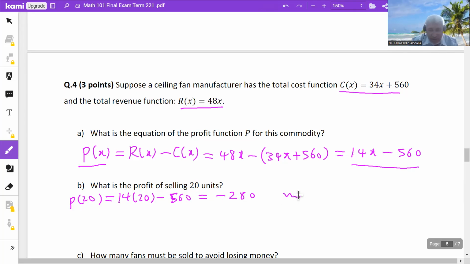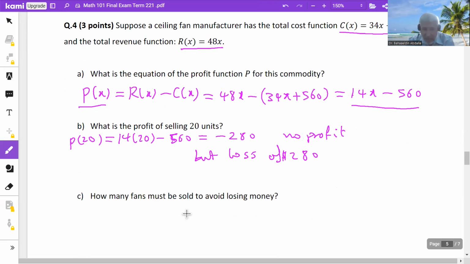So in fact, there is no profit. There will be a loss of $280 if they manufacture and then sell only 20 units.